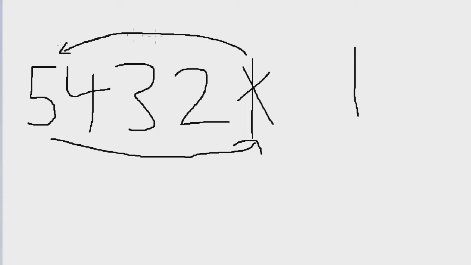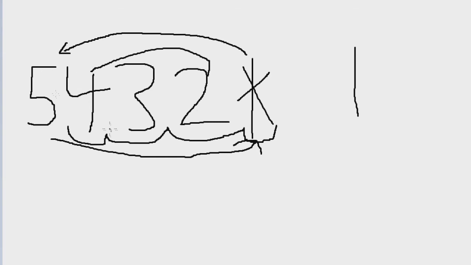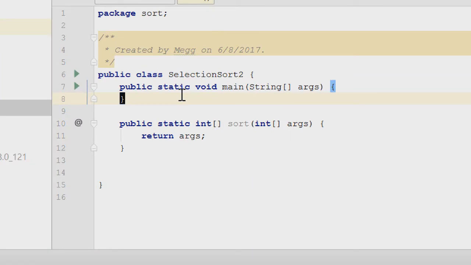So we're going to take 1, put it where 5 is, take 5 and put it where 1 is, and then continue iterating through like that. And after the next numbers are swapped, iterate through like that, and then after the next numbers are swapped, iterate through like that. Right, so now let's get started in writing down this selection sort algorithm.